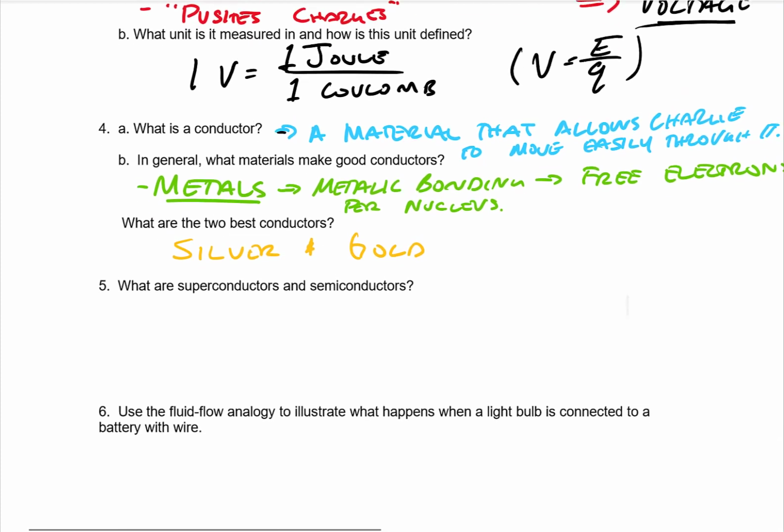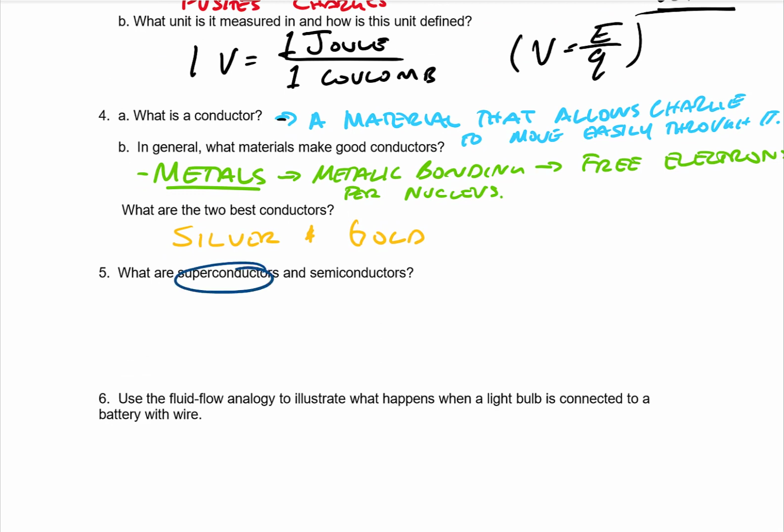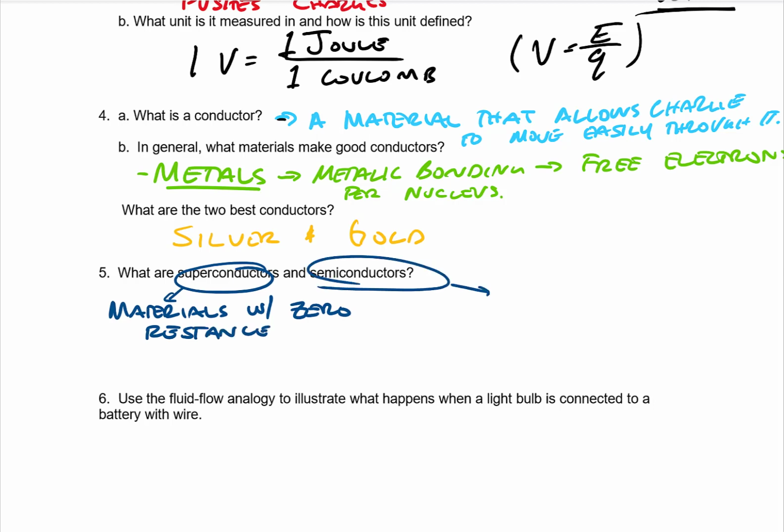Superconductors are materials with zero resistance. Semiconductors are materials with special electric properties that allow them to do really fun things with electricity.